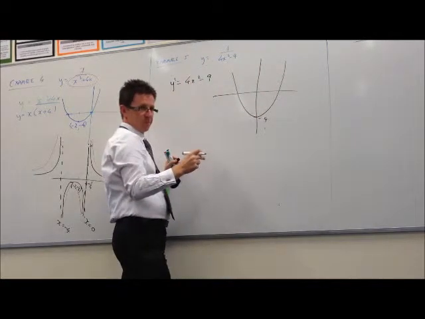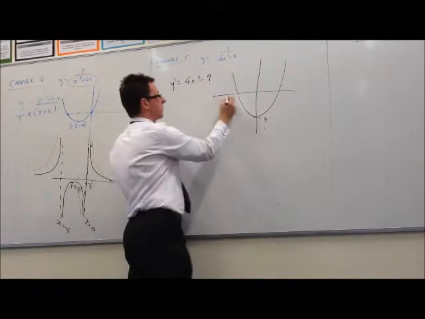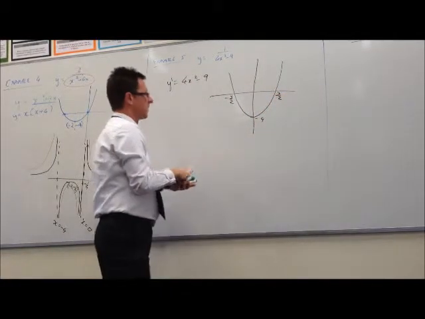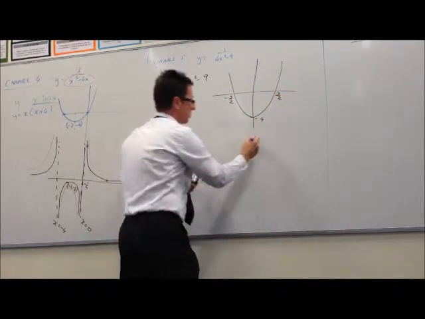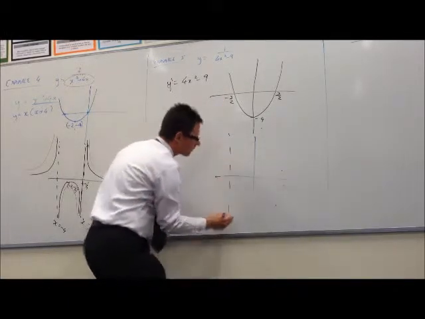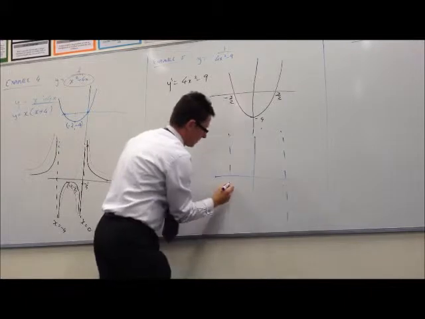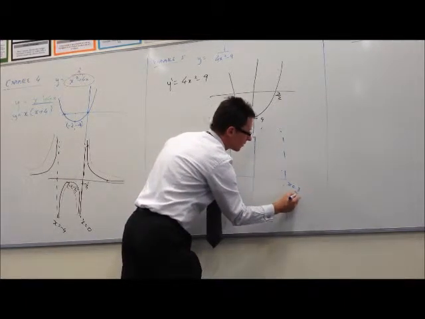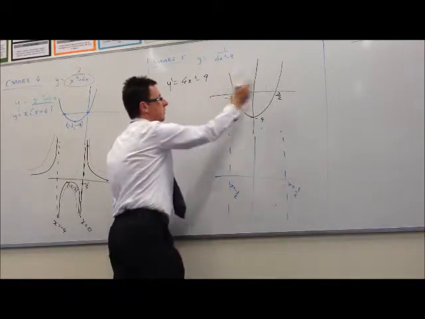X-intercepts. Good. Negative 3 on 2, 3 on 2. Directly below, asymptotes. X equals negative 3 on 2, x equals 3 on 2. Right?